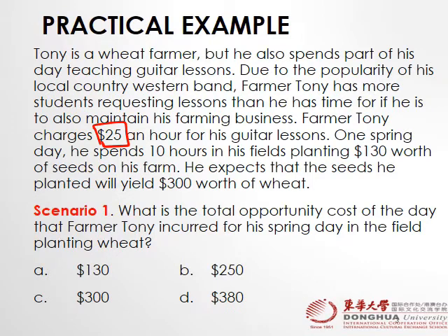So one spring day, he spends 10 hours in the field planting $130 worth of seeds on his farm. He expects that the seed he planted will yield $300 worth of wheat. So let me just explain the whole question in a nutshell.